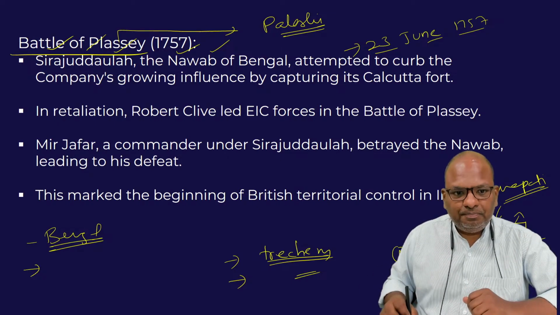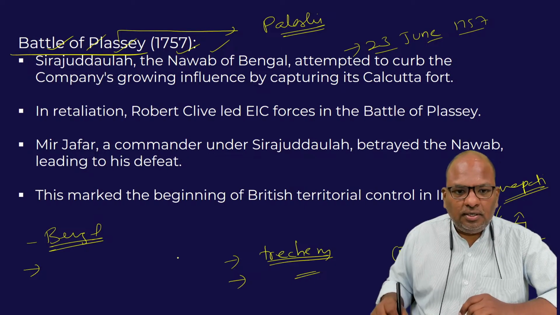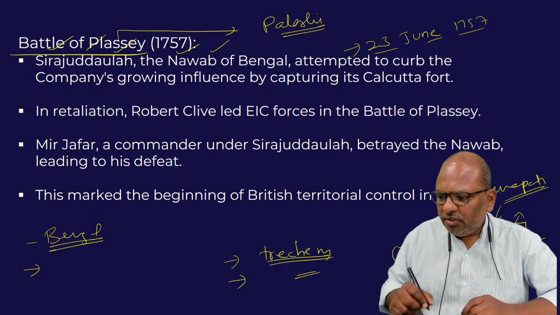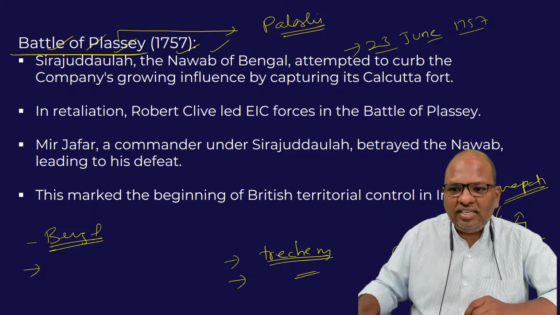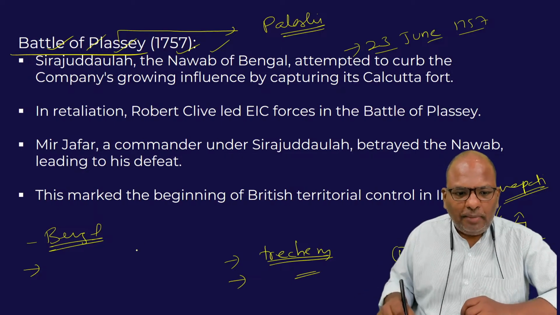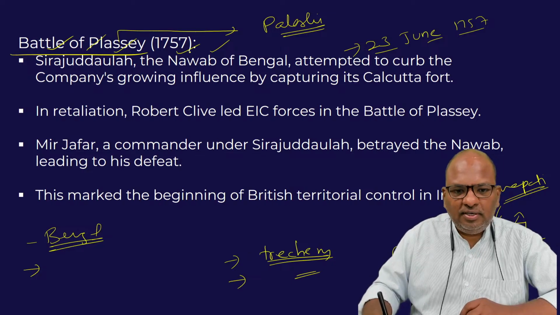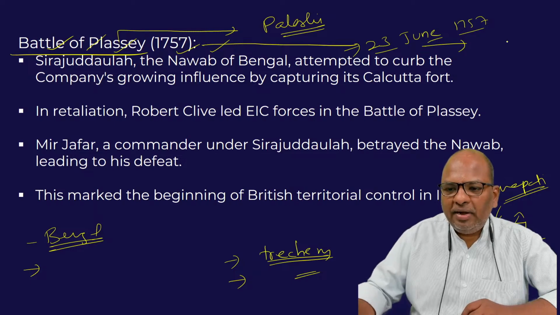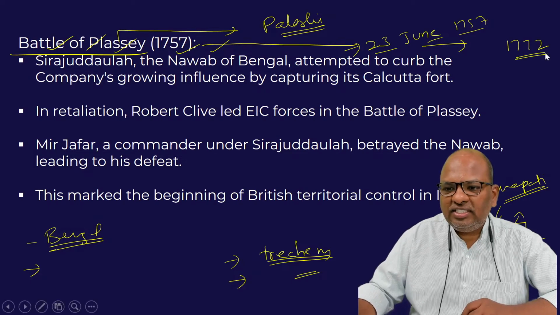In fact, the British ruled Bengal through their puppet rulers till 1772. So the Battle of Plassey happened in 1757, but the British finally occupied Bengal only in the year 1772.